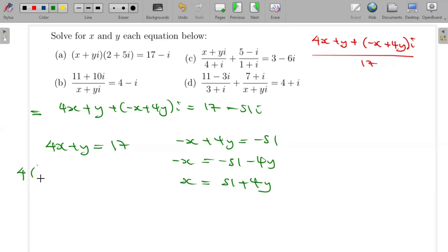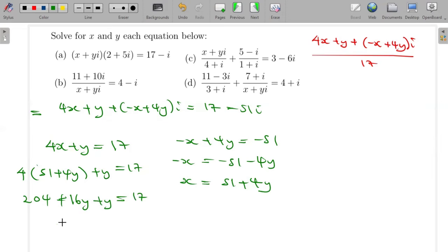So I get 4 times 51 plus 4y, plus y is equal to 17. This here gives me 51 multiplied by 4, which is 204, and then 4 by 4 gives you 16. So you get 16y plus y equal to 17.